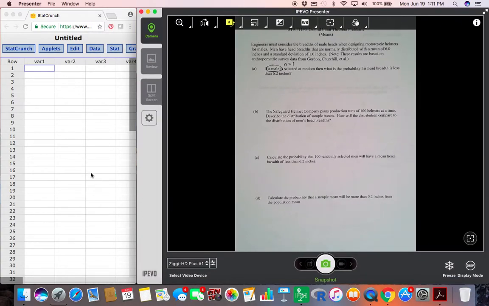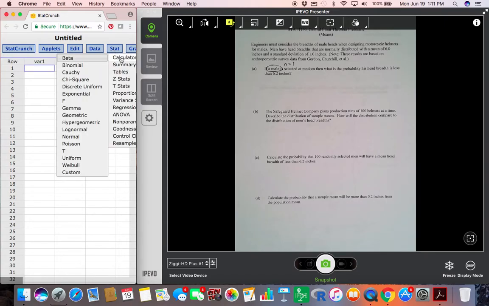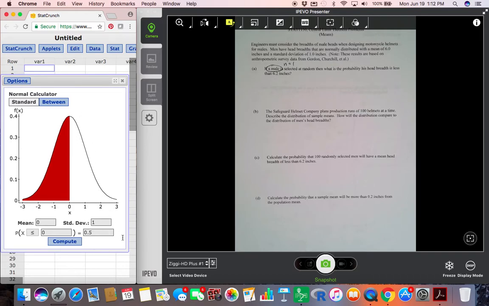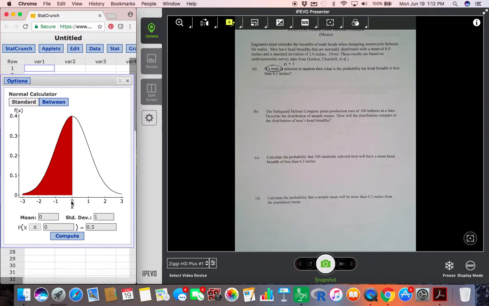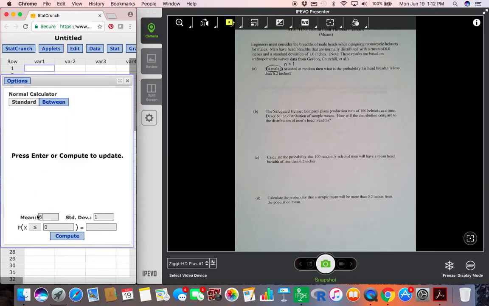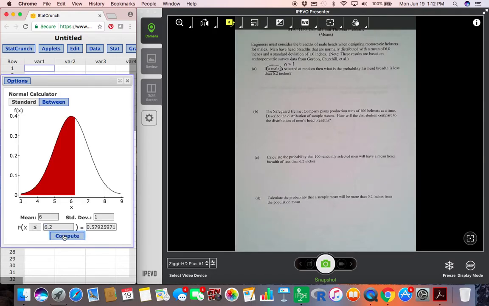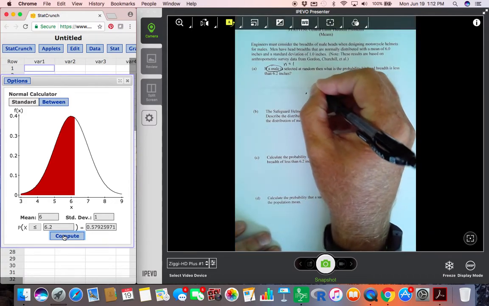And what we would do is go to Stat, go to Calculator, go to Normal, and we'll work the problem this way. So the mean looks like it's 6. Standard deviation is 1, and we want less than 6.2. Compute. So the answer would be 0.579.